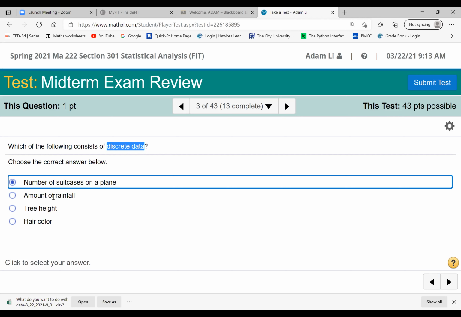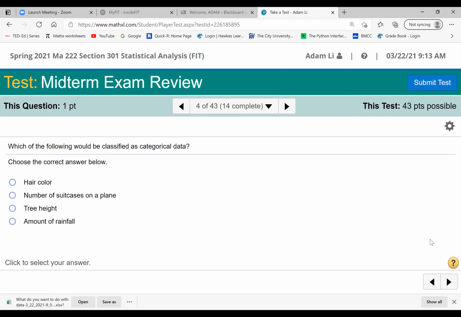It has an interval, and an interval has infinitely many data values available. Tree height is also a continuous random variable. And hair color is what we call categorical data, or you can also call that qualitative data. But yes, the discrete data would be the first option here.